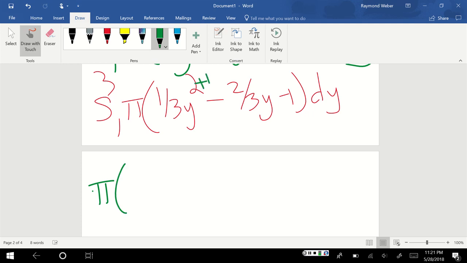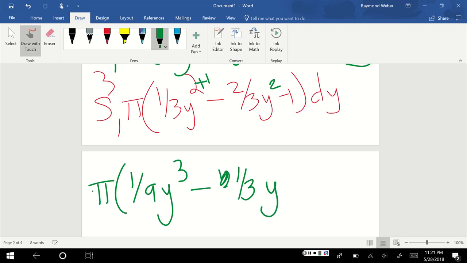So that's going to be 1/9 y to the 3rd minus, that's going to be 2, so 1/2, so 2/6, so 1/3 y squared minus y, evaluated from 1 to 3.